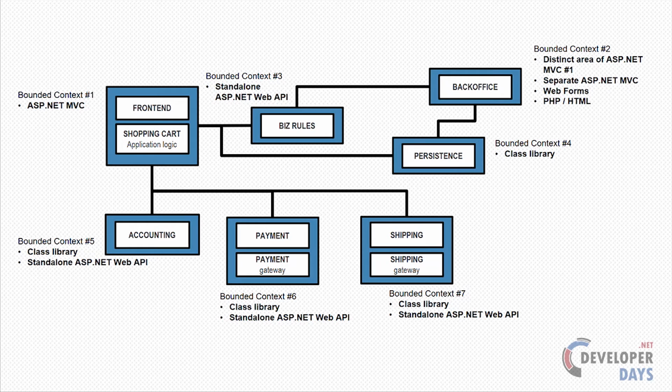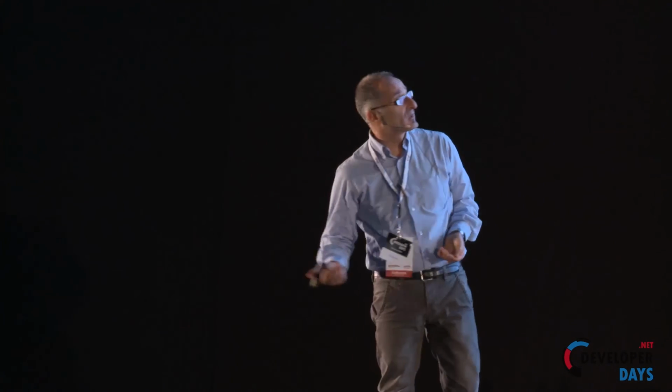So the front end can be the bounded context number one, an ASP.NET MVC application which incorporates in the server process some application logic to deal with the shopping cart.